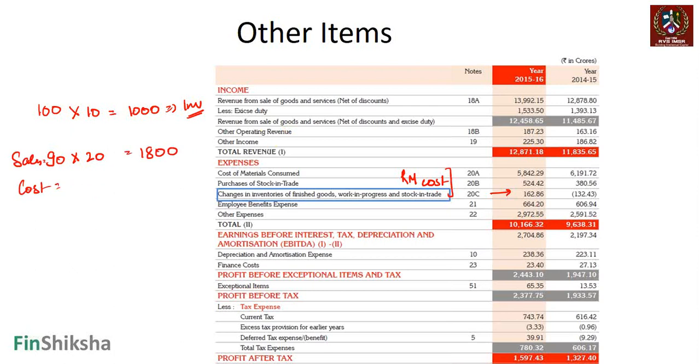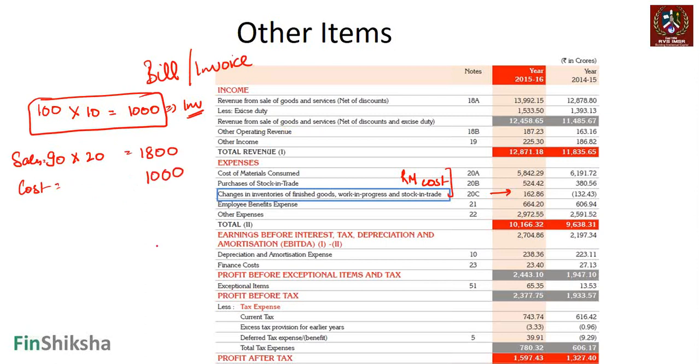When you're constructing the financial statements, they will be generated from what bills the company has generated, right? Now the bill for the company will say this. So that's a bill or invoice that the company would have gotten when they bought the raw materials, right? So the bill says that you have a cost of 1000 because you've paid this money and this is an expense, right? Now we introduce once again that concept of matching principle, right?